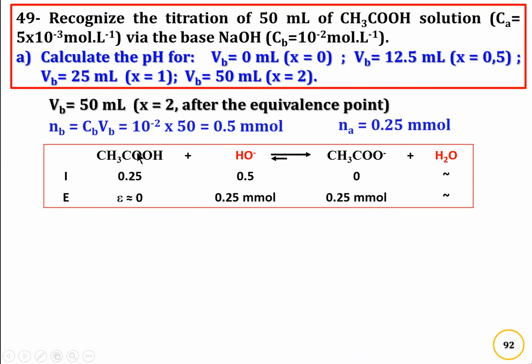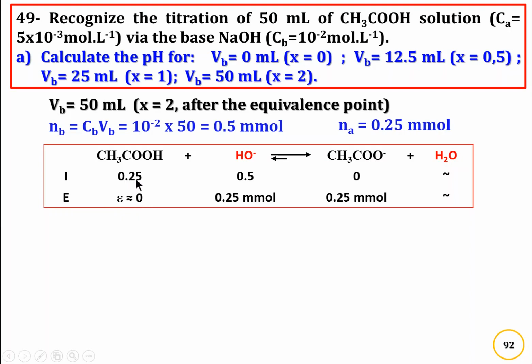So we write the reaction between acetic acid and OH⁻ to acetate and H2O. Initially, we have 0.25 millimole of acetic acid, and we add 0.5 millimole of the base. Since we are after equivalence, all acetic acid will be transformed. So the number of moles of acetic acid remaining is practically epsilon, which is practically equal to 0.